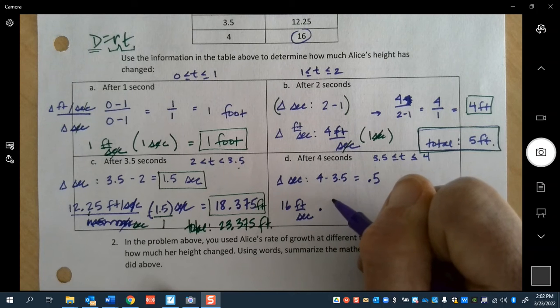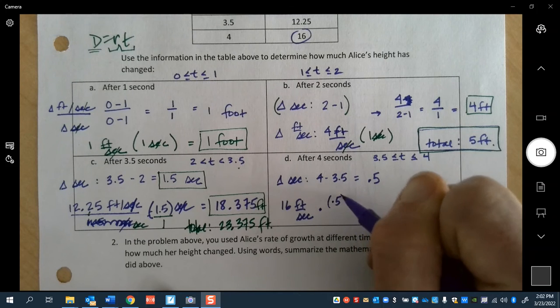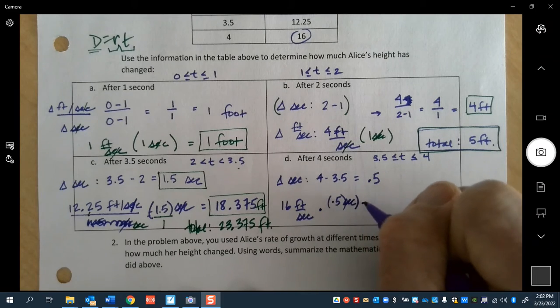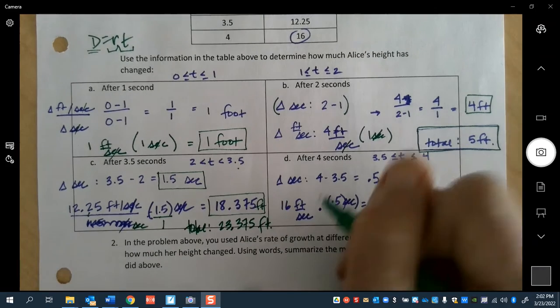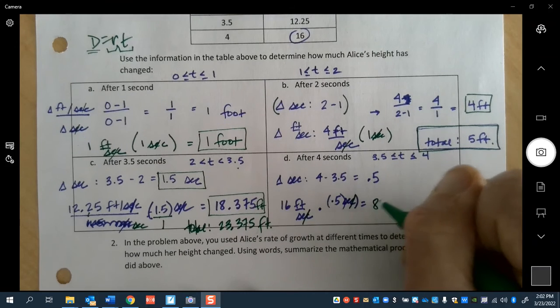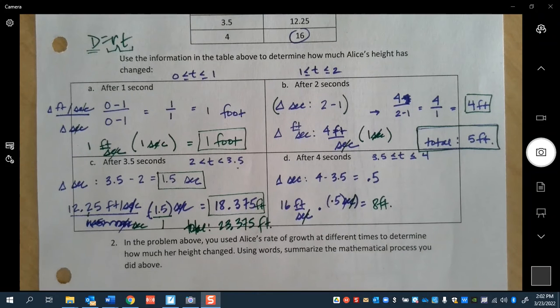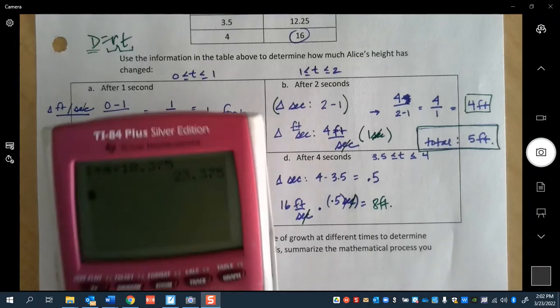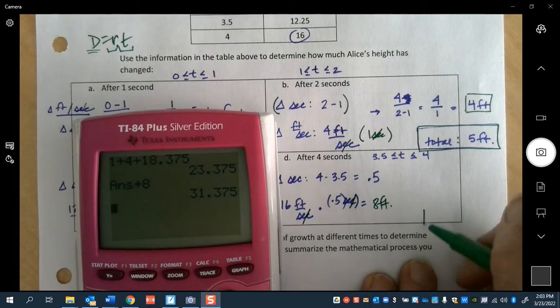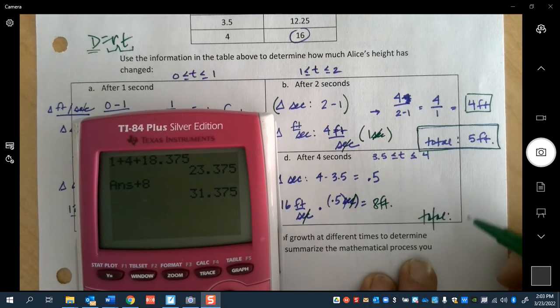She only had half a second of growing at that rate. And that's how I know that when we look at how much she grew during that time, she grew 8 feet during that half of a second. So if I go back to my calculator and add her 8 feet, her total height at this point is 31.375 feet.